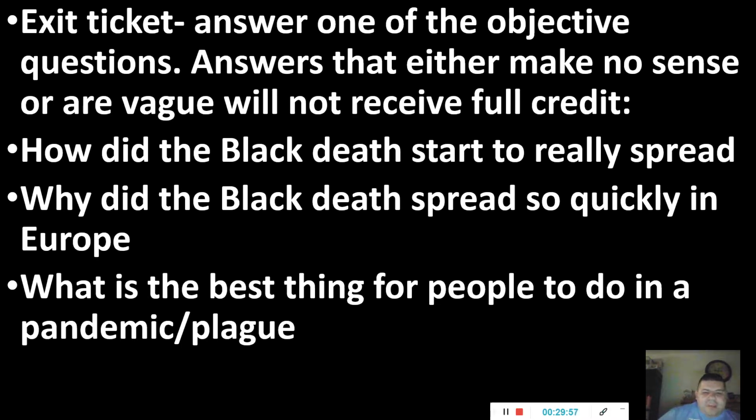And the last one is, what is the best thing for people to do in a pandemic slash plague? What steps should they do? Okay. Based off what you've learned today, what you've heard about the COVID and stuff like that, what is the best thing for people to do? Okay. So go ahead, pick one, write down your response.